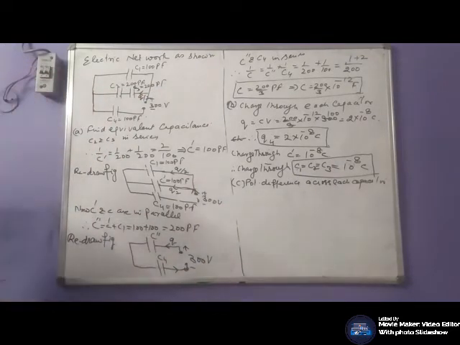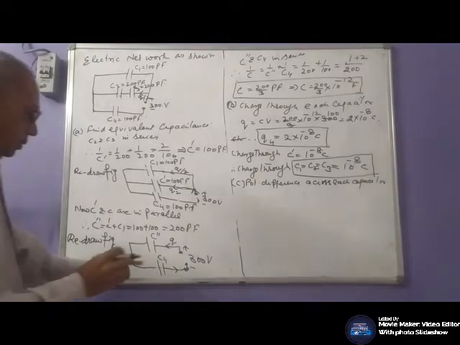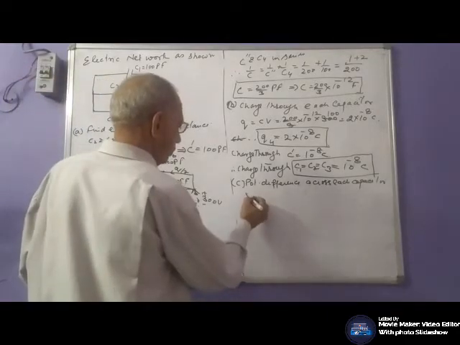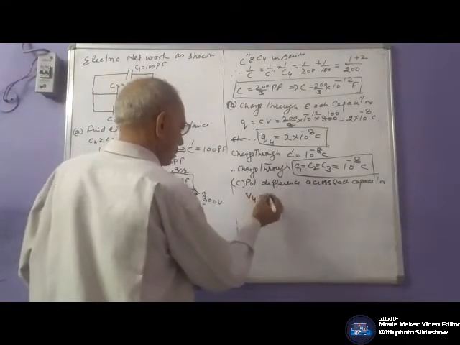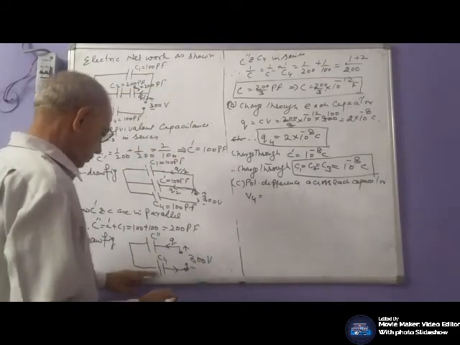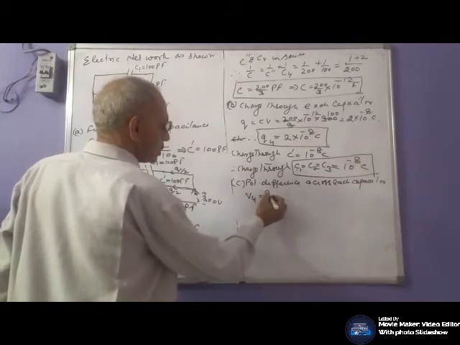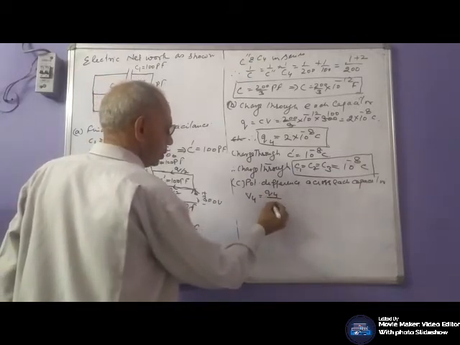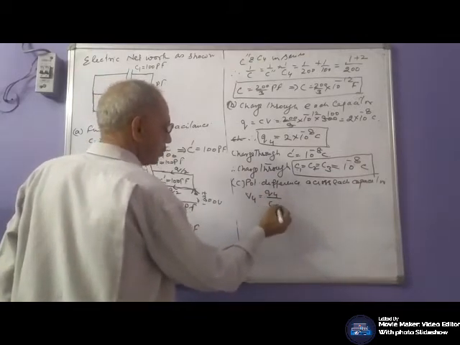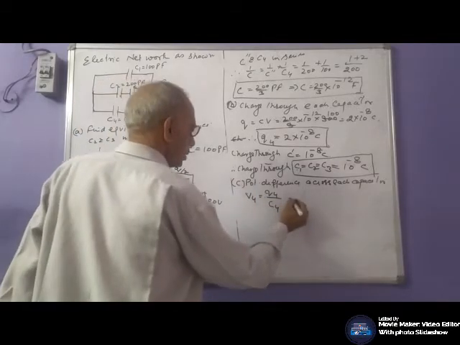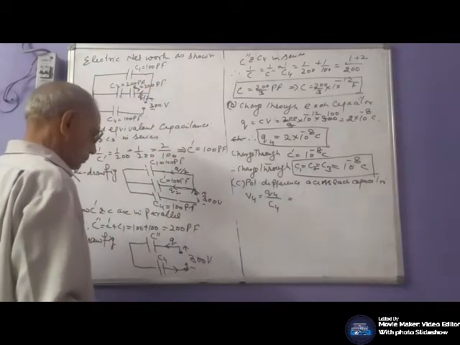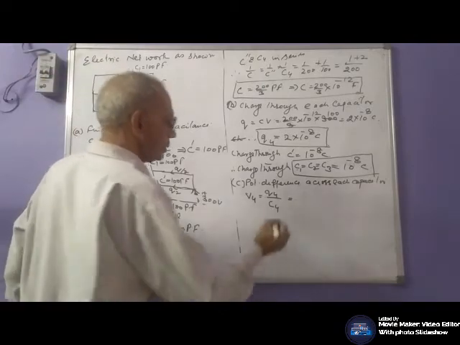Potential difference across each capacitor. V4. Look here. It is Q4 by C4. Q4 was this.